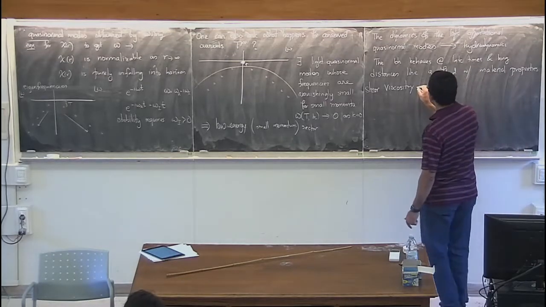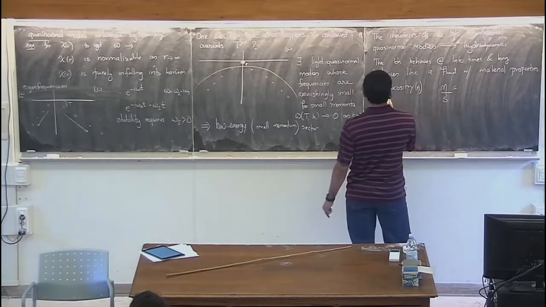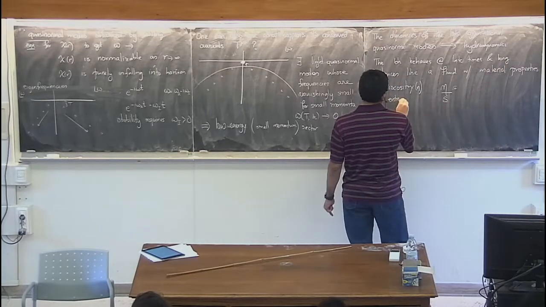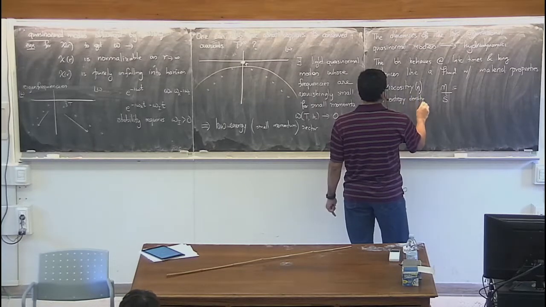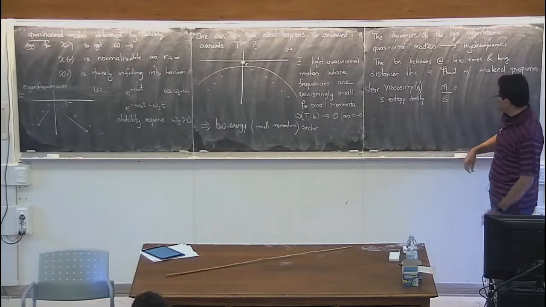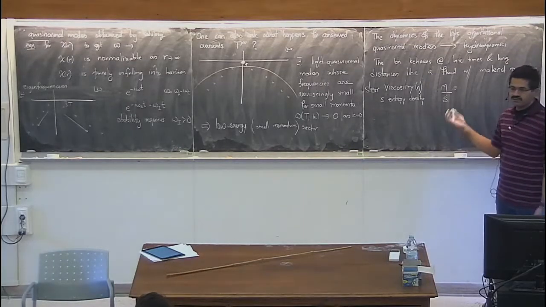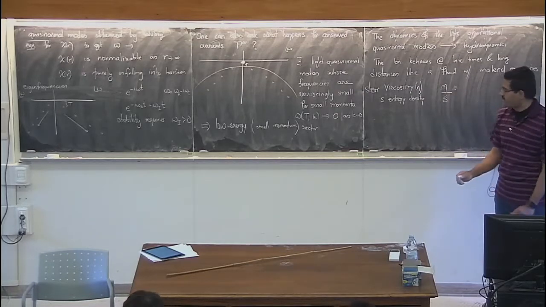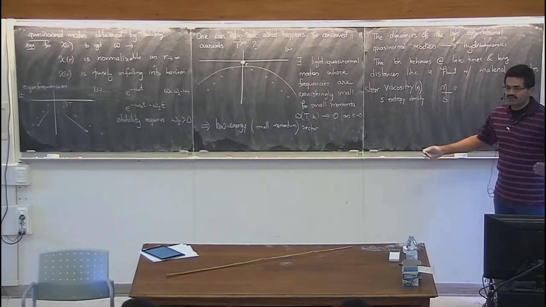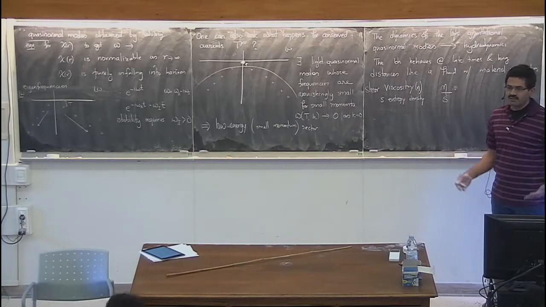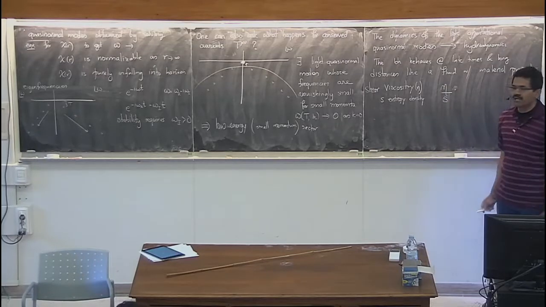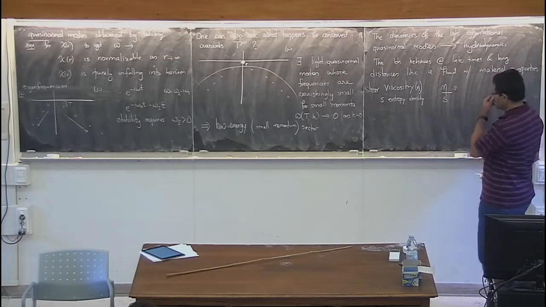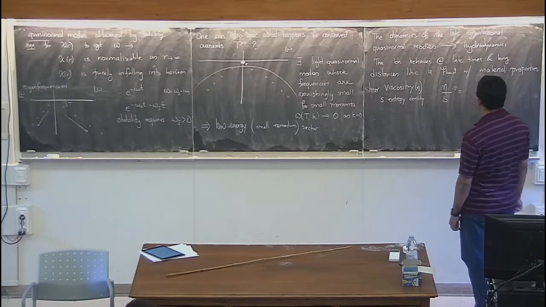So eta is the shear viscosity and s is the entropy density, the entropy per unit volume. I want to compare properties of shear viscosity of this material that is modeled by an AdS black hole with shear viscosity of, say, water. I can't just compare the two numbers because they have dimensions, but I can compare them by normalizing with respect to some fiducial scale, which is the entropy density.